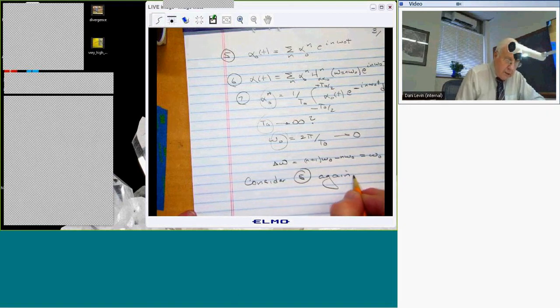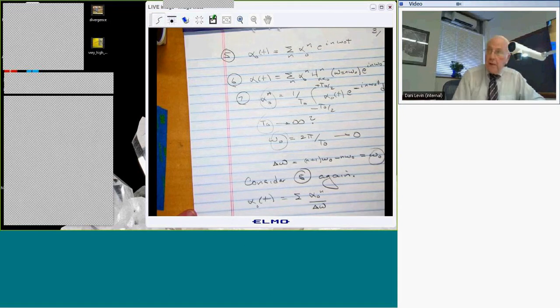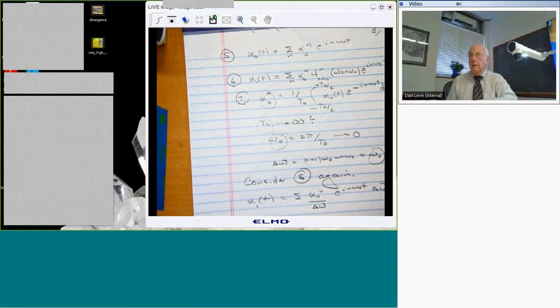And I'm going to do the following. I'm going to write alpha naught of t equals this summation. And I'm going to have alpha naught over n. I'm going to divide by delta omega, which in fact is just omega naught, right? And then I'm going to have e to the i n omega naught t times delta omega, right?